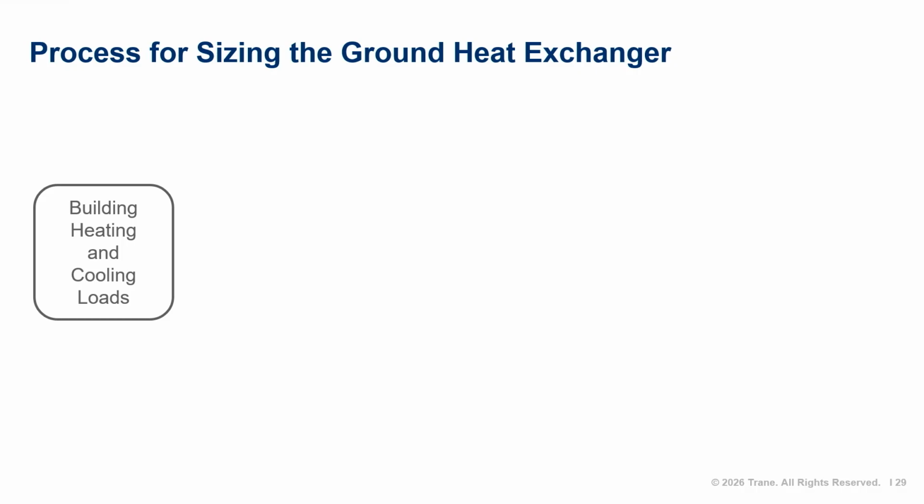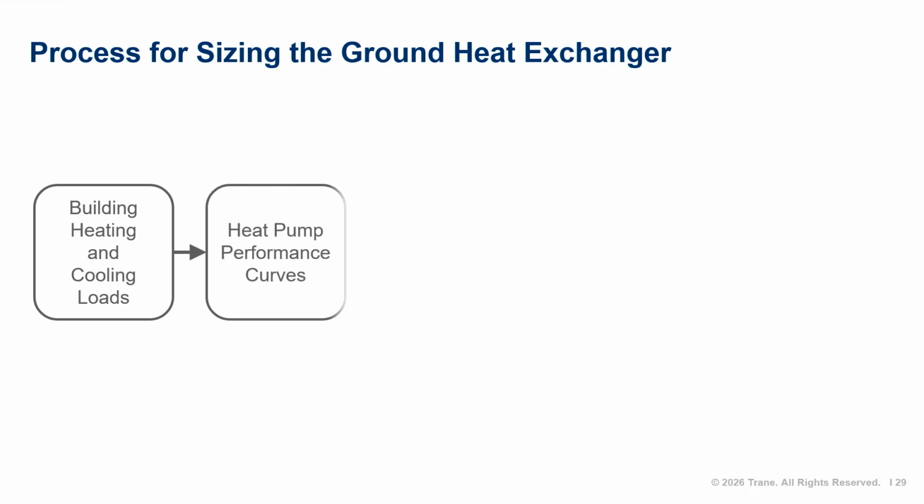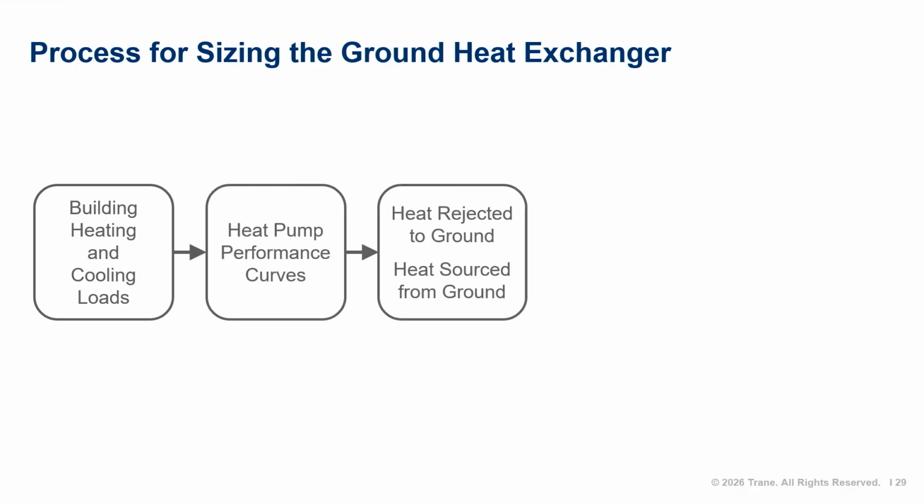These loads are generated from an energy modeling software such as Trane Trace. Compressor heat adds to the building heating and cooling loads, resulting in a total load profile experienced by the ground. The ground modeling software uses heat pump performance curves to make this adjustment.